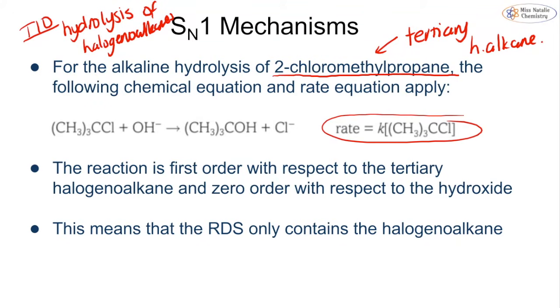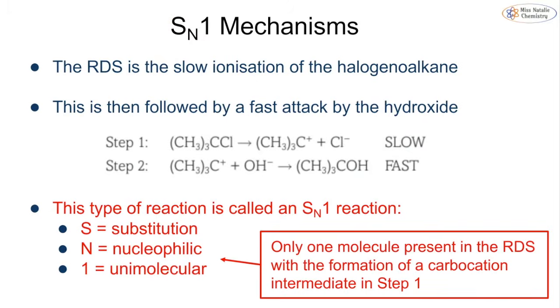Now, the reaction is first order with respect to the tertiary halogenoalkane, and we would find that out from our rate data, and it is zero order with respect to the hydroxide. So that is why the hydroxide does not appear in the rate equation. This means that the rate determining step only contains the halogenoalkane. What actually happens is we get the halogenoalkane being ionized, and this is a slow reaction.